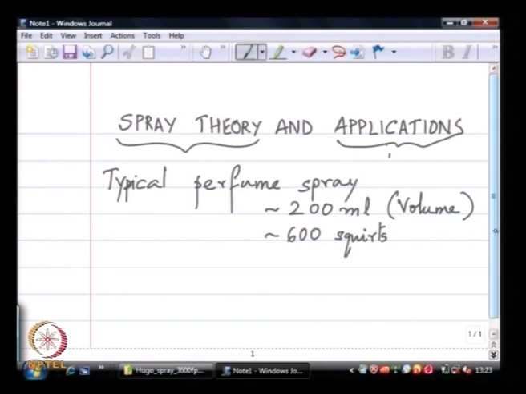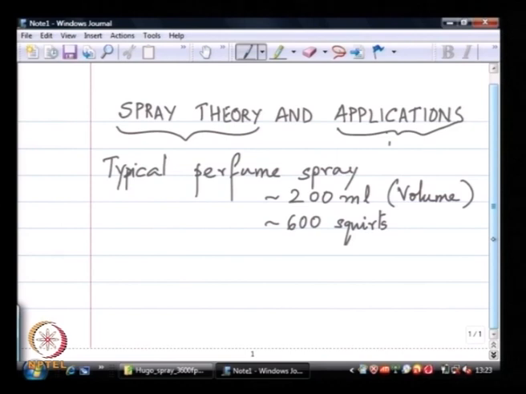So, what we want to do is understand what this really means as engineers and fluid mechanicians, and also gain a feel for some numbers around these sprays, how complicated are they or how simple are they, both ways.